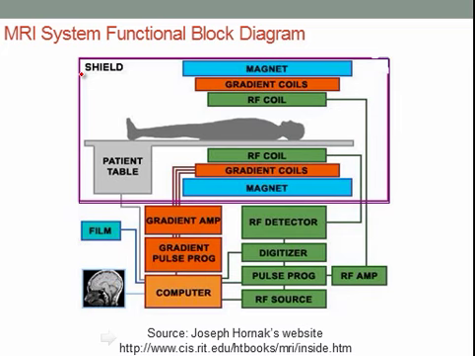So you don't want, for example, maybe a harmonic of a TV station, because if we're at 3 Tesla, then we're at 128 megahertz. And think about some radio stations. KISS 108 is at 108 megahertz.